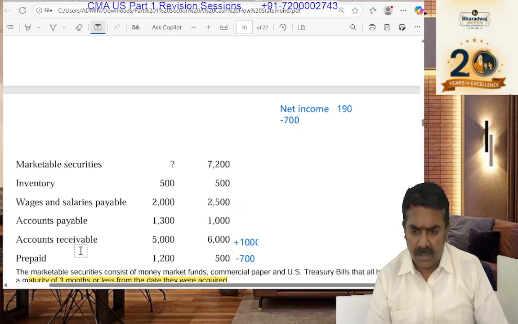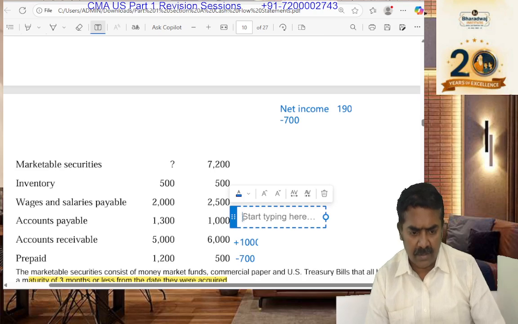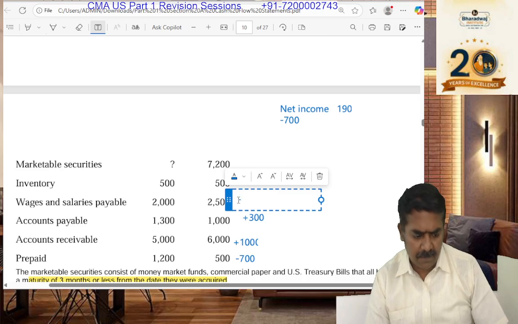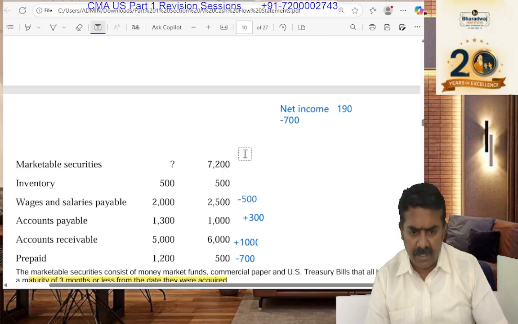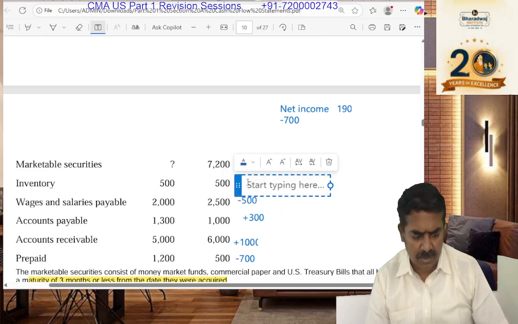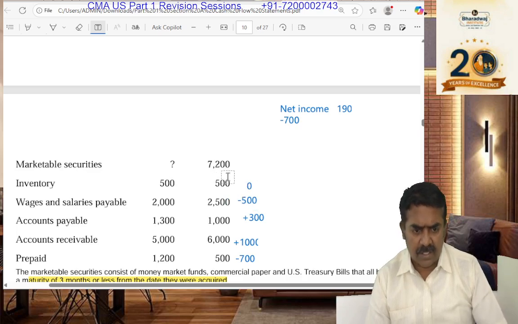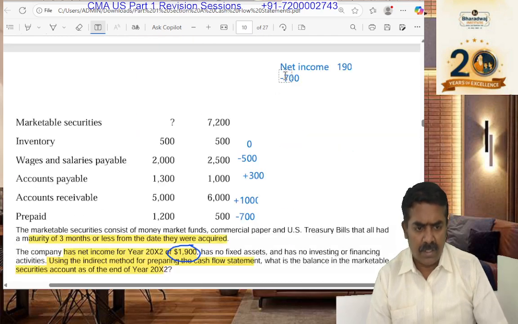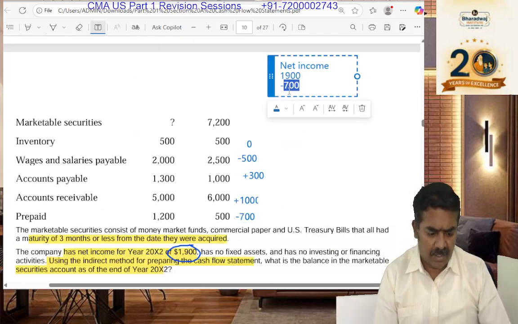Then accounts payable increased, so we add 300. Payables decreased, so minus 500. Inventory, no change, no adjustment. We will see marketable security. Cash balance increased here. So take the net income and adjust all these things.